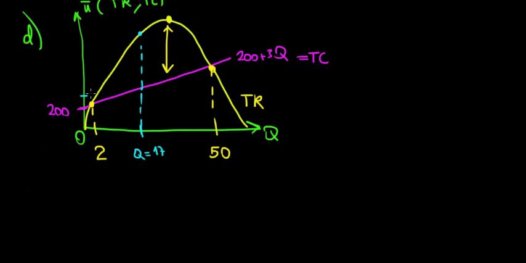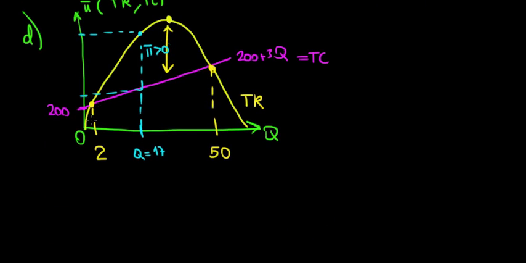This is the total costs, and this is the total revenue. If the total revenue is higher than the total costs, it means we're making a positive profit here. So that's good, we're making money. Across all this area between total revenue and total costs, the profit is positive. But at these exact points, the profit is just 0, we're breaking even.